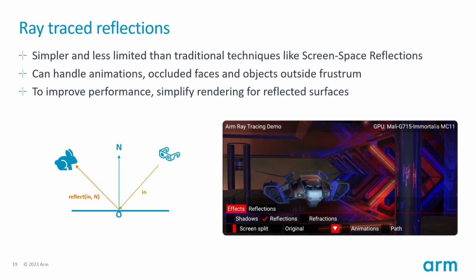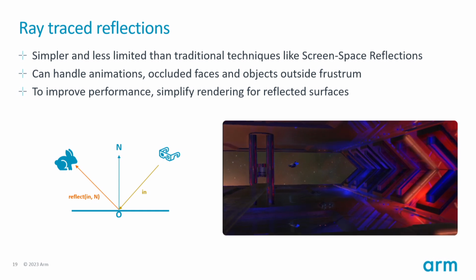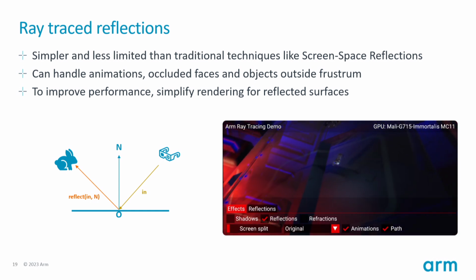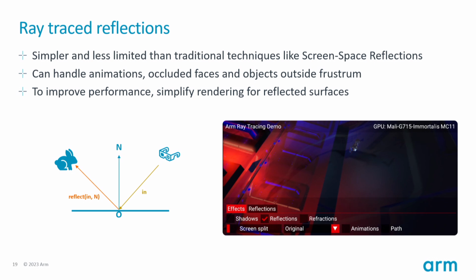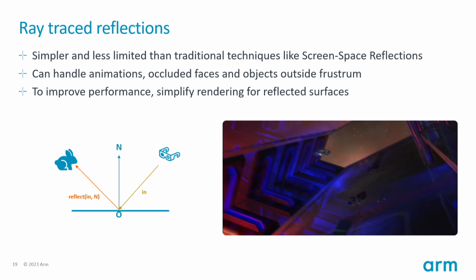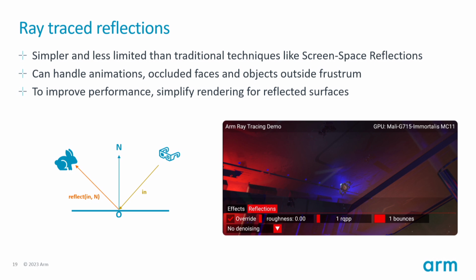So here we are using only one ray per pixel, but we don't need to stop there. We could also trace another reflection ray at the intersection point in order to achieve reflections within reflections. Like in this case, reflections on the wall are now visible in the floor.